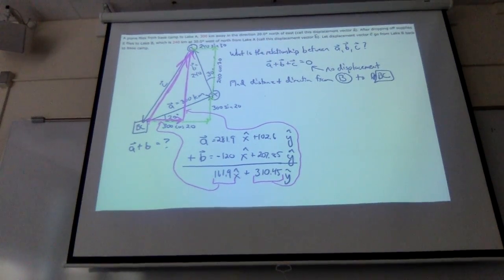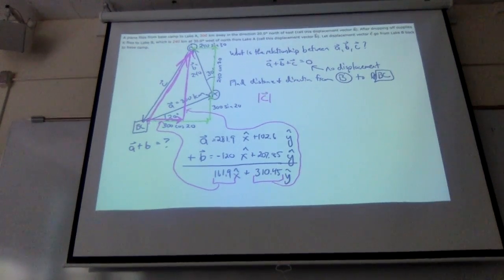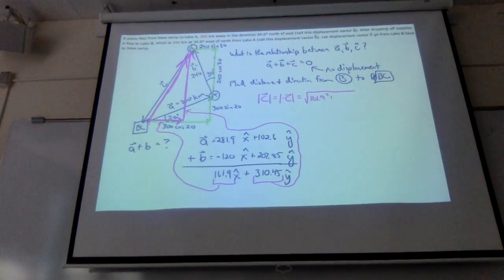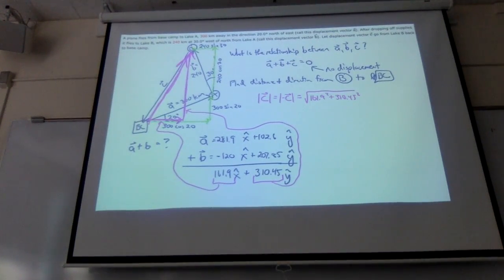So the magnitude of C is the same as the magnitude of minus C, whether it's pointing that way or back the other direction. It is equal to the square root of 161.9 squared plus 310.45 squared, by Mr. Pythag himself, finding the hypotenuse of that triangle.